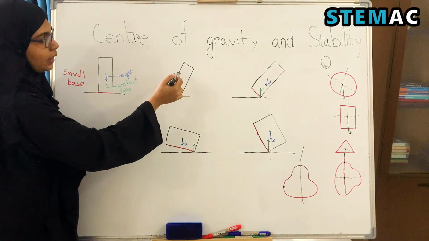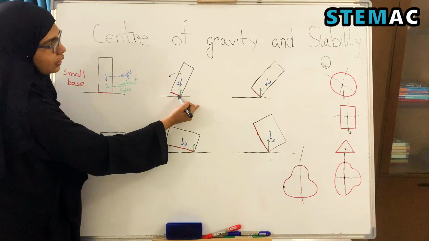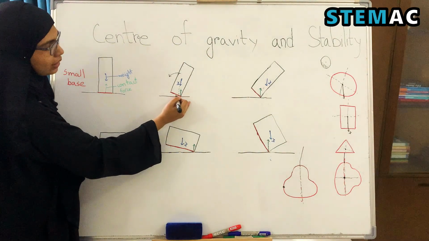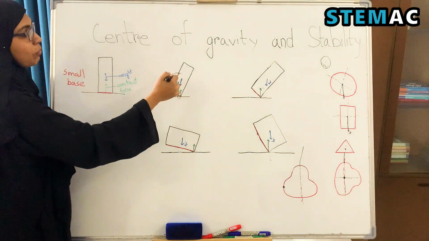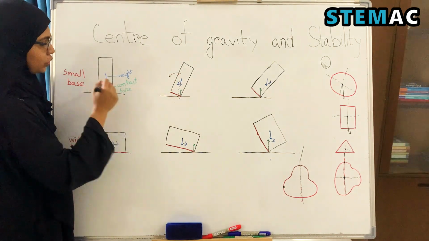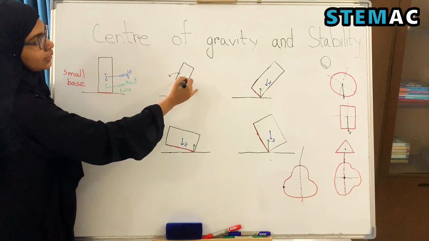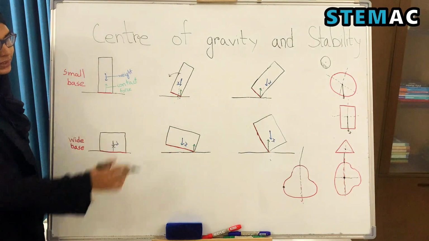So after tilting the object at an angle of this, the object will move back to its original position, this, when the weight force does not pass over the pivot or the base.